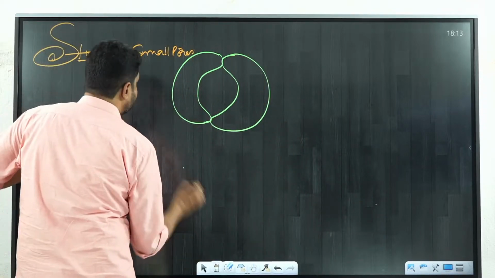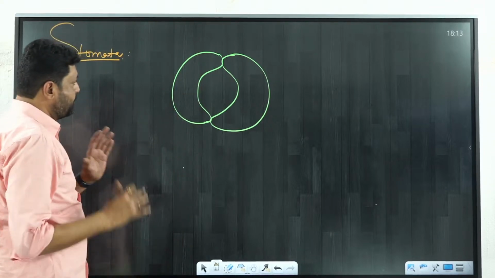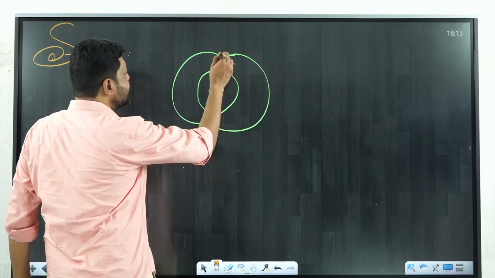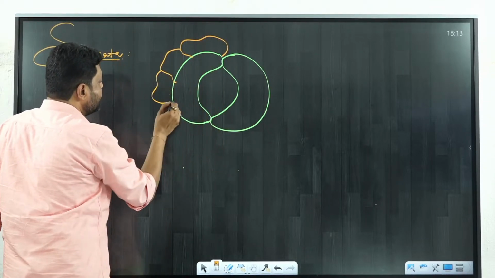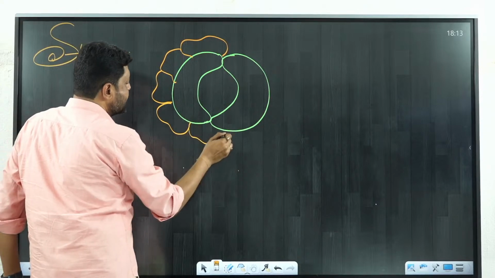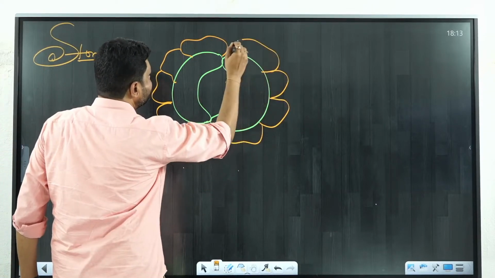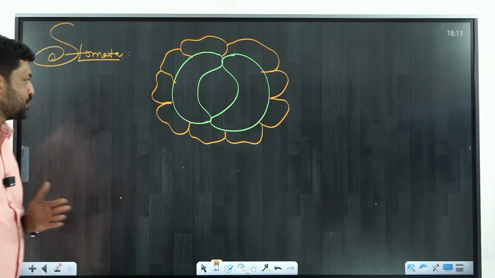I will delete this part for a couple of minutes. Done. So the stomata has two guard cells. In vicinity, meaning very close, the guard cells have some subsidiary cells. Clear?